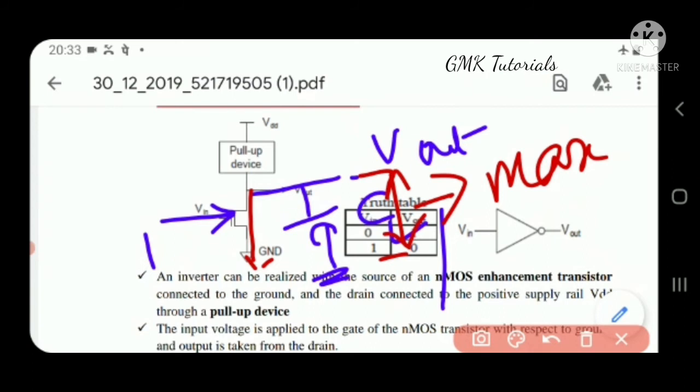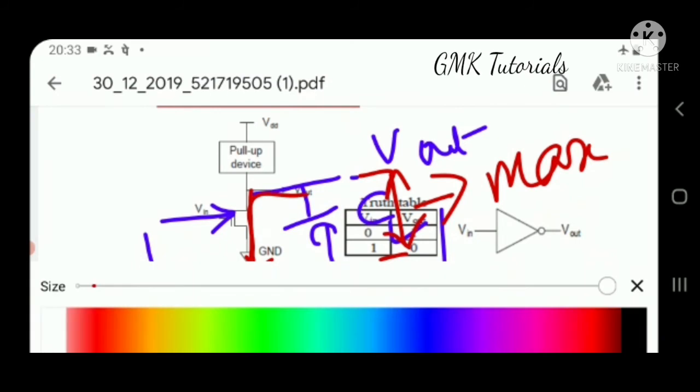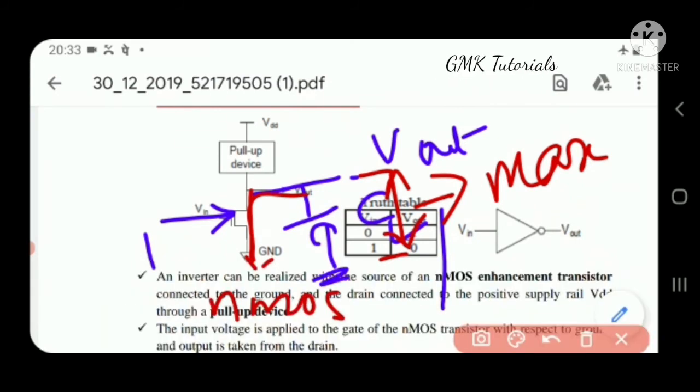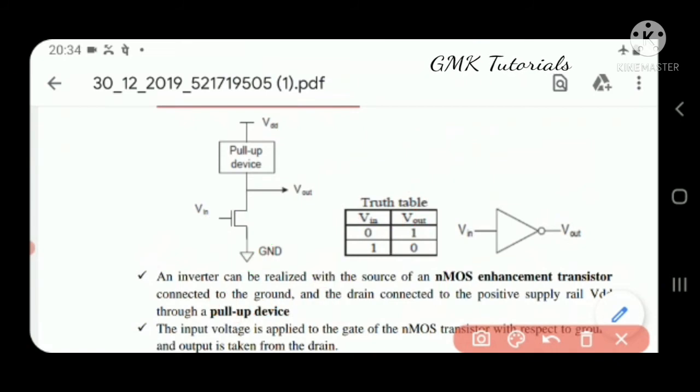Since the NMOS acts as a short circuit, the total energy stored in the capacitor is completely discharged through this path and the output becomes 0. That's why this device is called a pull down device. That is the main thing.